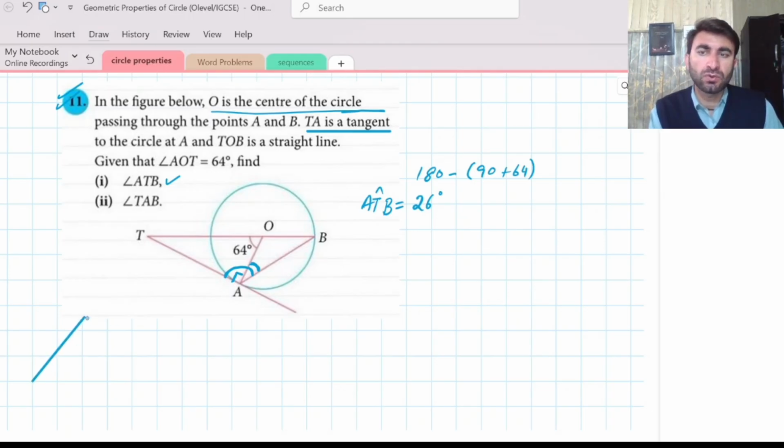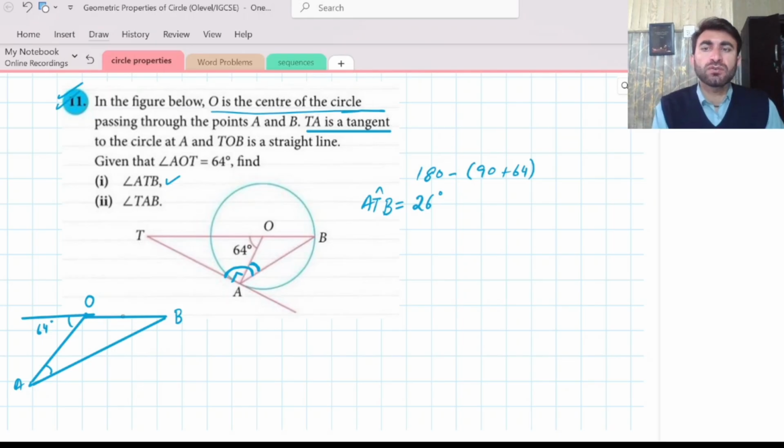Like this is OA, here is the side OB and the side joining A and B. So this is the point O. We know the angle over here because we need this angle as well. It is 64 degrees, and we need to figure out this angle at point A. Now we know OA and OB both are radial segments. So this is an isosceles triangle, and in an isosceles triangle, the two angles opposite to two equal sides are equal. So if I mark this angle as x, this angle will also be x.